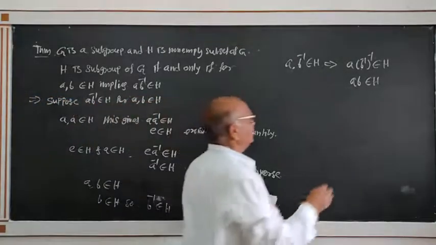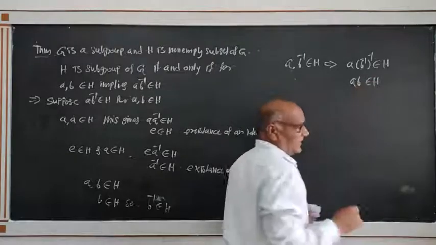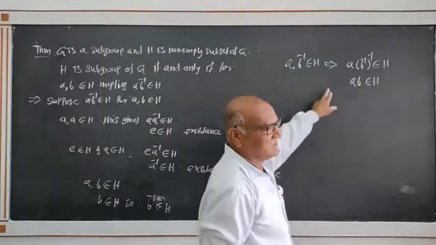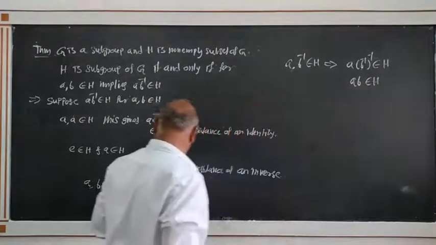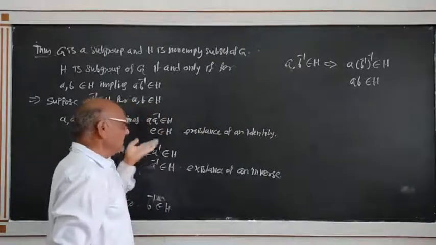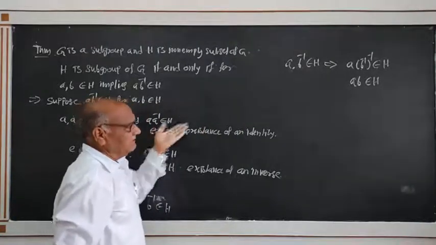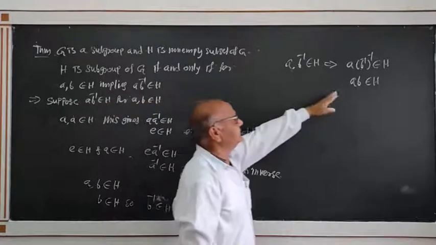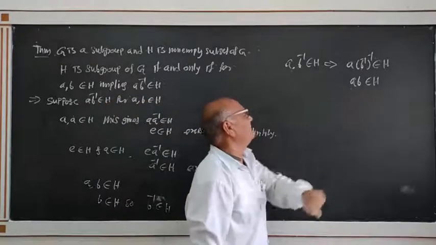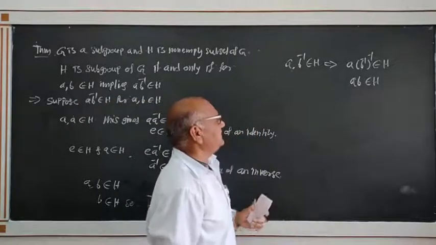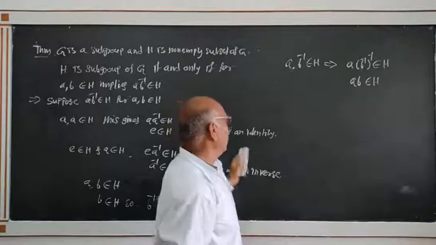So closure property, existence of inverse, and existence of identity hold, and by the above theorem this gives H is a subgroup of G.